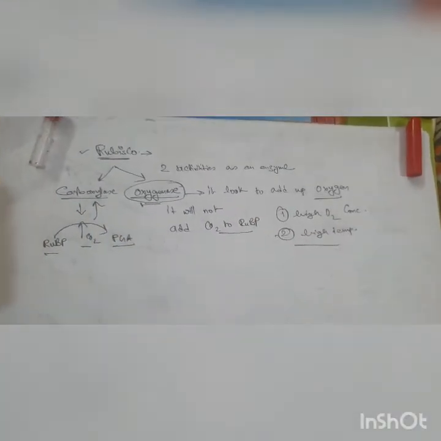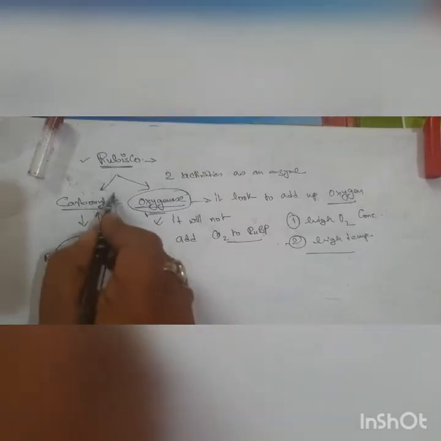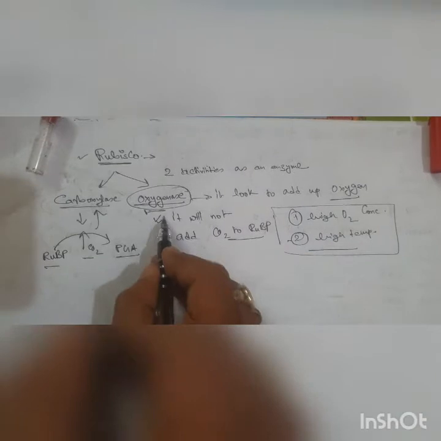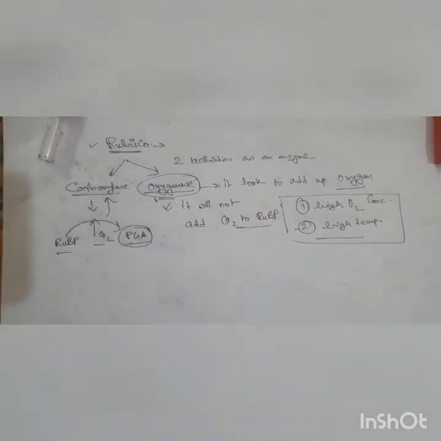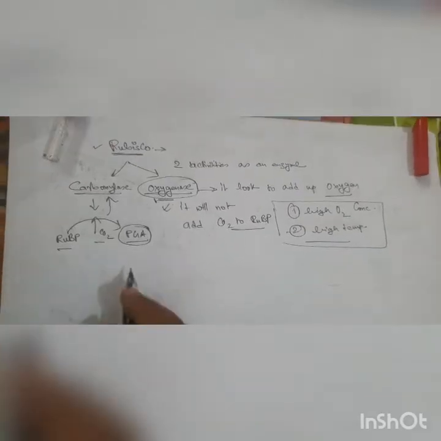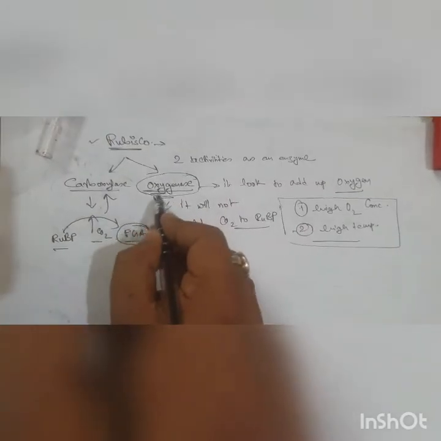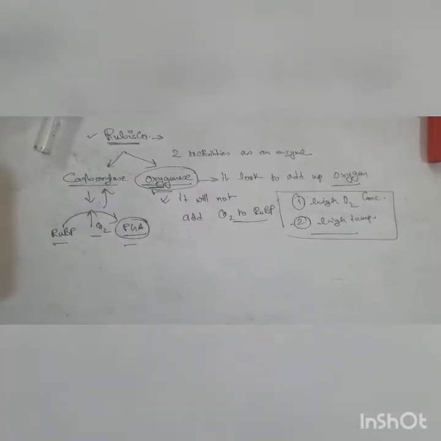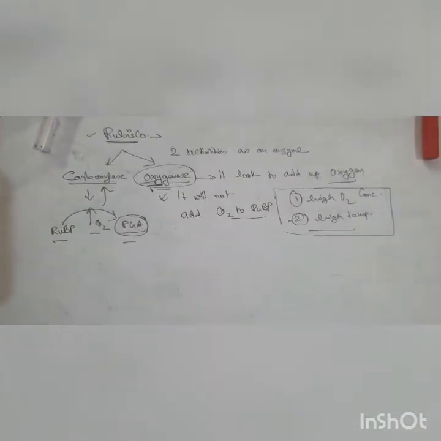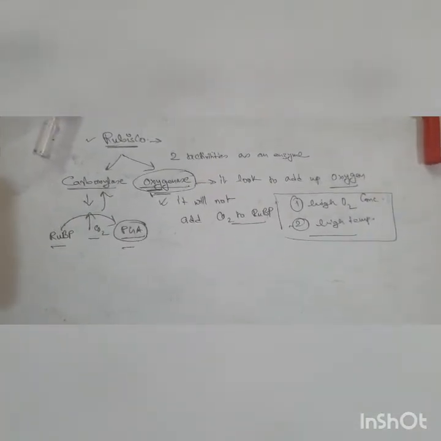So in these two conditions, the Rubisco acts as an oxygenase and not as a carboxylase. So in these two conditions, when it acts as an oxygenase, the phosphoglyceric acid will not be produced, or will be produced less because its oxygenase activity is getting more intense. What will happen when it acts as oxygenase? That we will understand in the next portion.